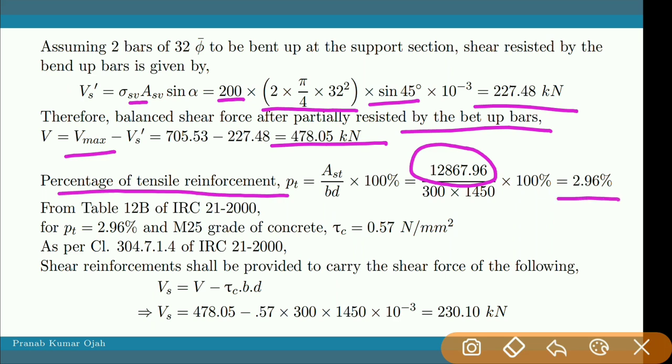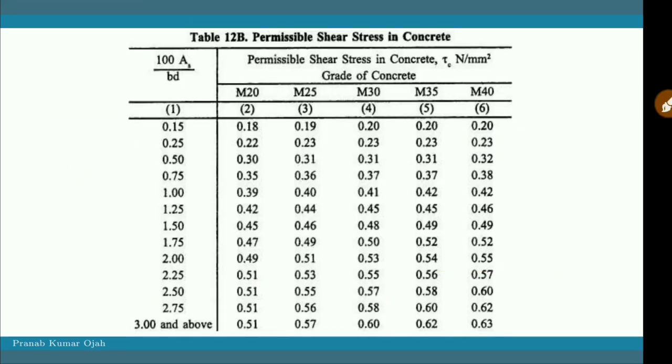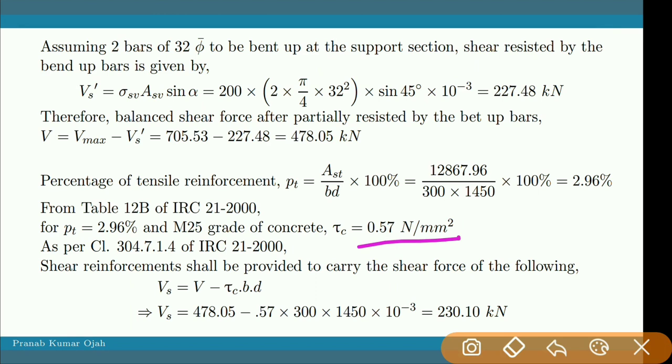Now the percentage of tensile reinforcement corresponding to the maximum tensile reinforcement provided comes out as 2.96. From table 12B of IRC 21, for 2.96, which is approximately 3.00, for M25 grade of concrete, the tau C value is 0.57. So that's why I have written 0.57.